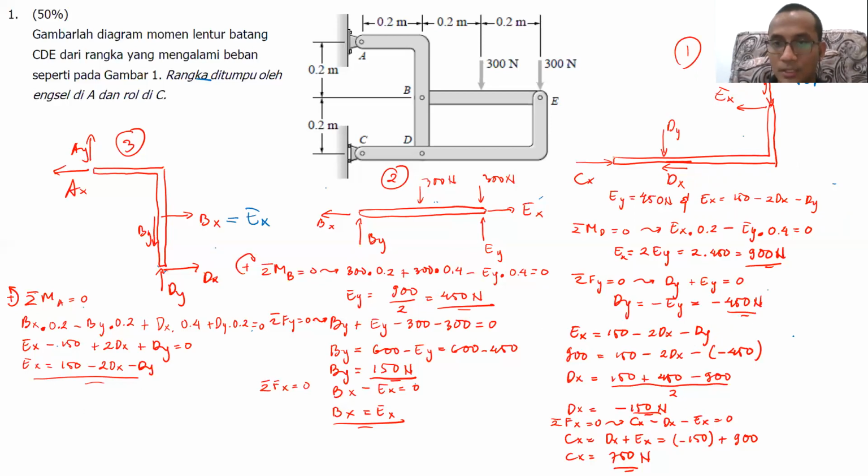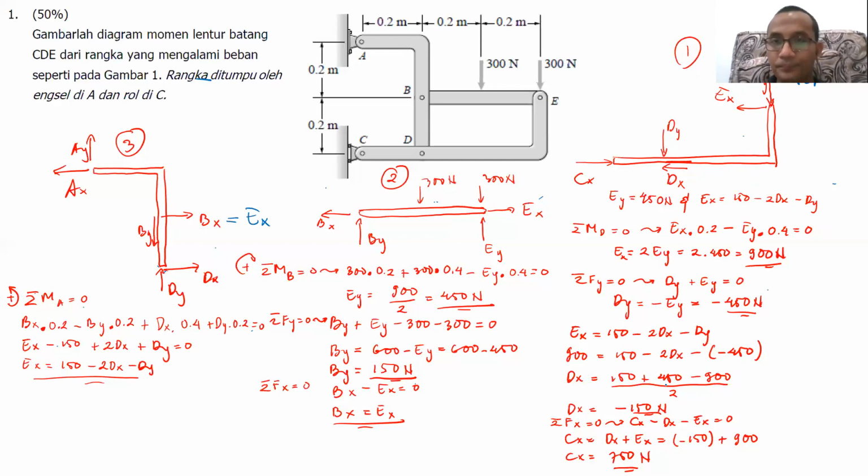That's why my equation became like this, just input the values there. Then I can calculate dx. The value of dx is minus 150 newtons. What's the meaning of minus? The same as before, the direction is supposed to be the opposite. So it's supposed to be 150 newtons going to the right.